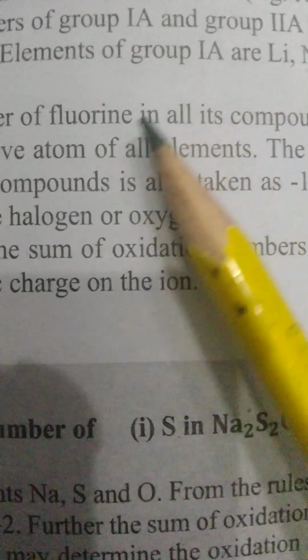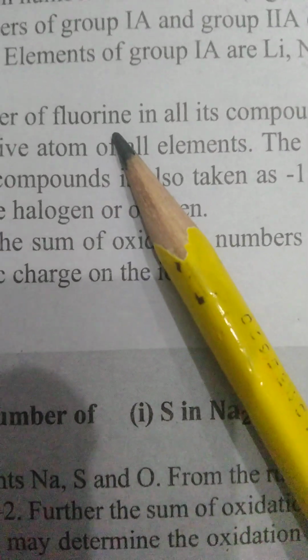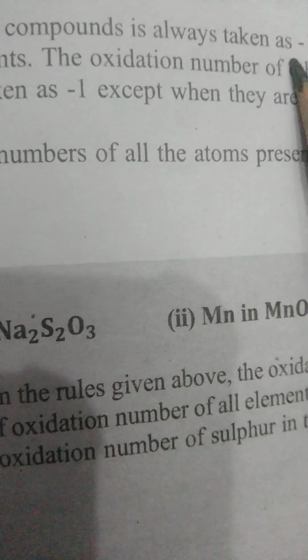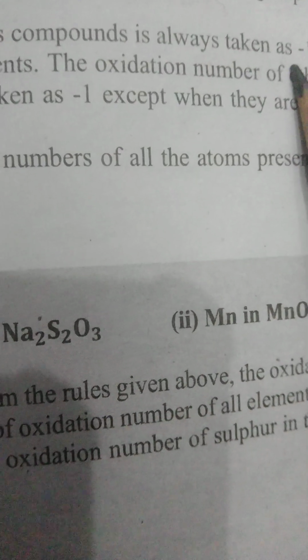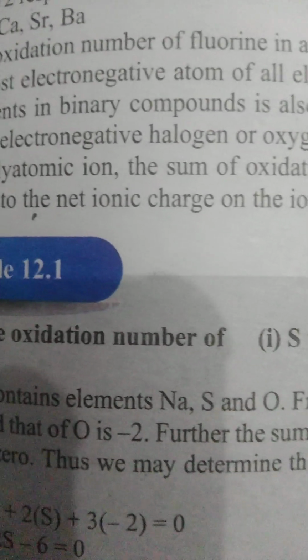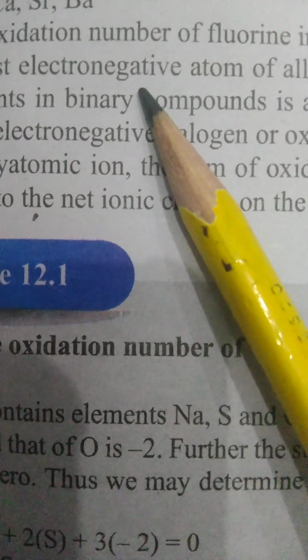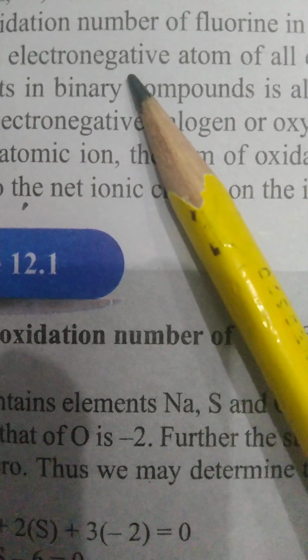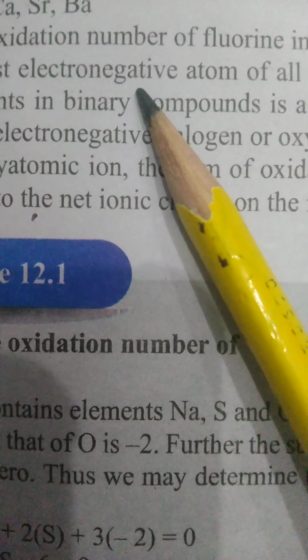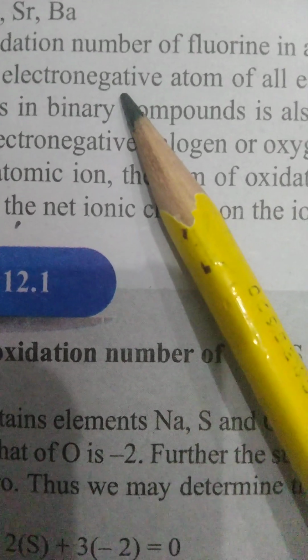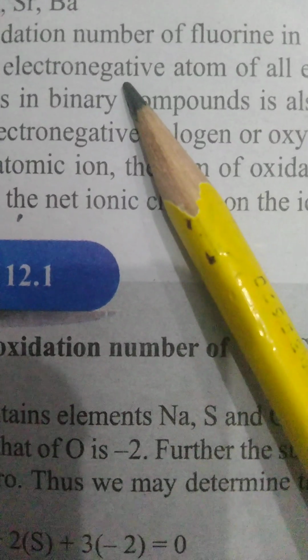Oxidation number of fluorine in all compounds will be taken as -1. Why -1? This is an important one, mostly an important MCQ. Because it is the most electronegative atom, that's why it's -1. Compared to all elements, it is the most electronegative one.